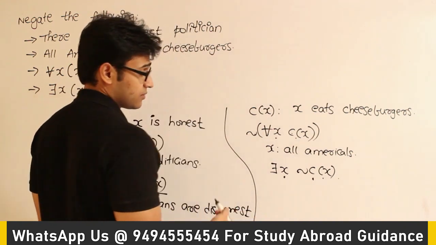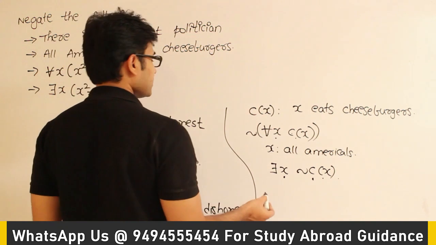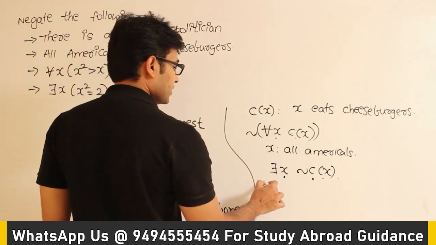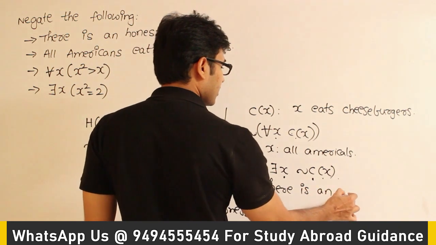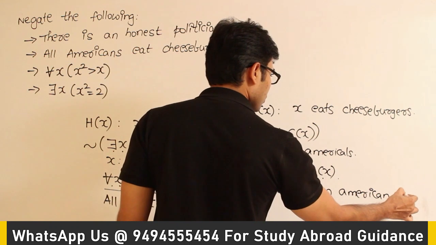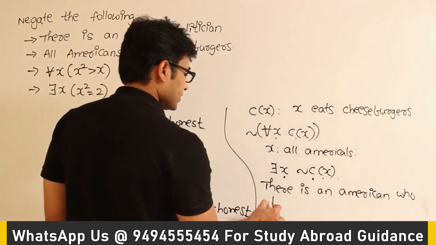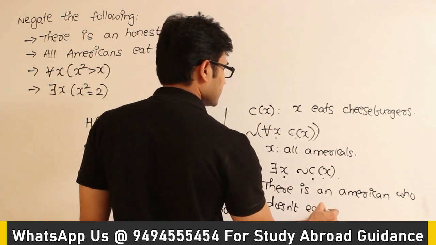The negation of c of x represents x does not eat cheeseburger, right? Therefore the negation of this statement is there is an American who doesn't eat cheeseburgers.